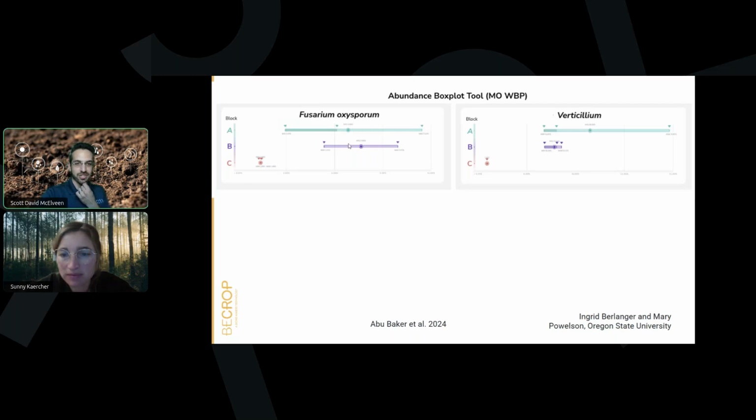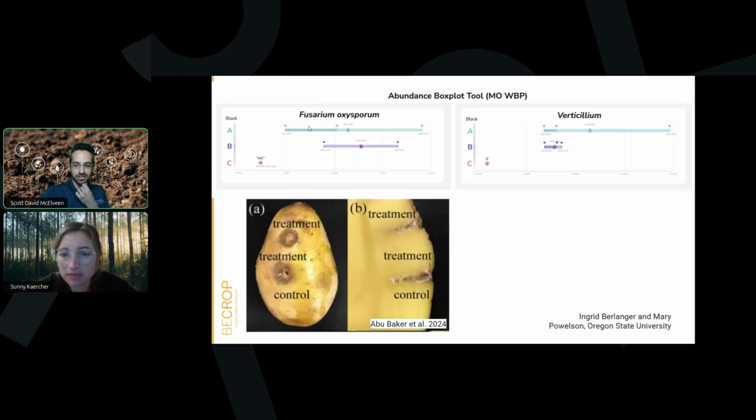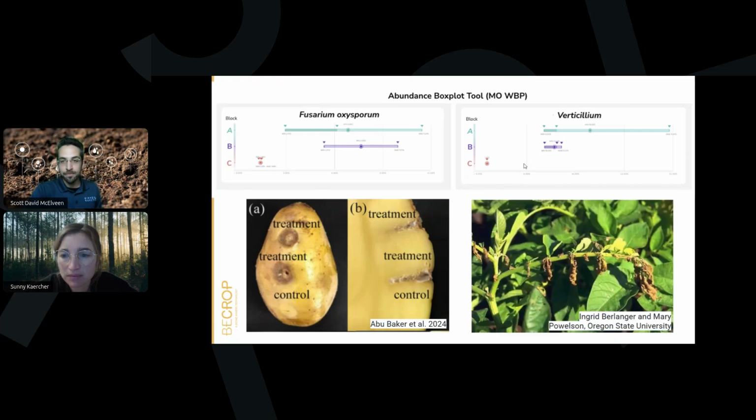We've got Fusarium oxysporum abundance in the left chart, and it is at an average of 6 to 7% of all fungal sequences on blocks A and B, and a much lower percentage, around 1% of fungal DNA sequences on block C. Verticillium is, golly, it is very small, but I believe that's 13 to 16% on blocks A and B of all fungal DNA that we recovered was from Verticillium versus a much lower percentage on block C.